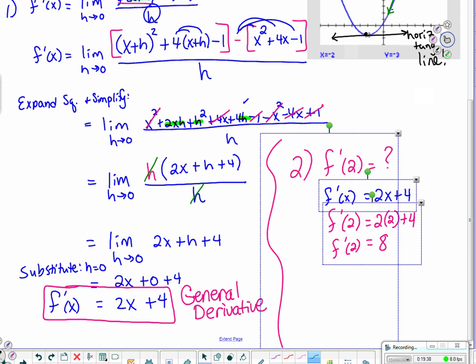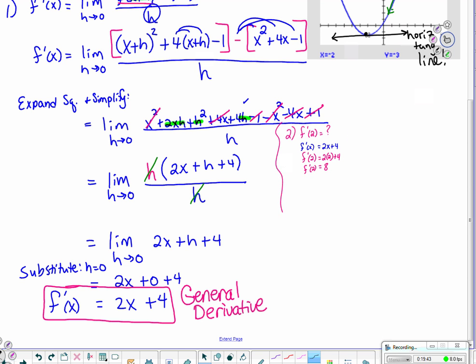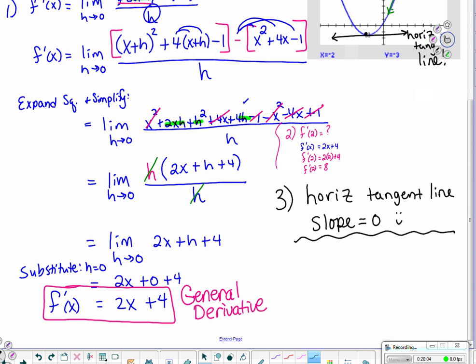So let me make this a little smaller so I can work with the horizontal tangent line. Okay, so step 3, horizontal tangent line. What is one characteristic about a horizontal line? Oh, the slope is 0. We know that the slope would equal 0. And we're really proud of ourselves, right? So how do I use that information? Well, I take the derivative and find out where it is equal to 0.